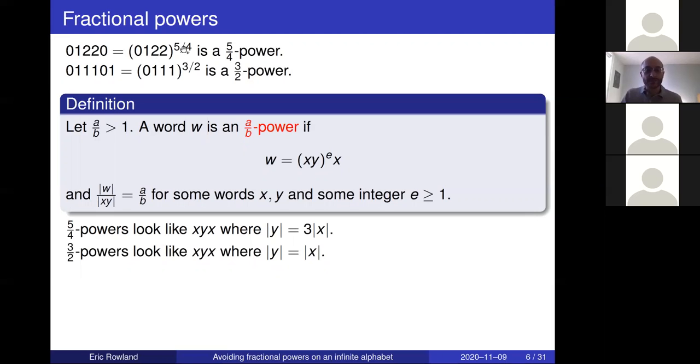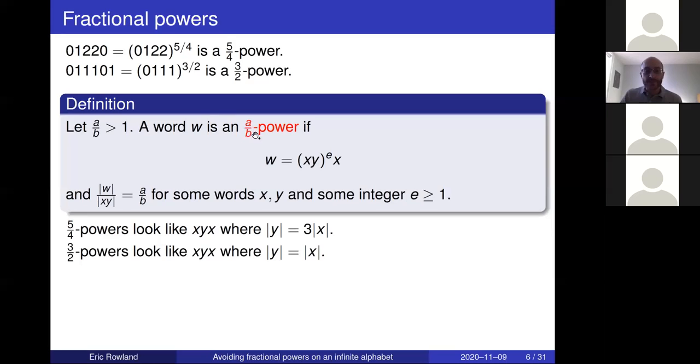So that's the 1 plus a fourth, that's the 5/4. 0, 1, 1, 1, 0, 1 is a 3/2 power because it consists of the word 0, 1, 1, 1 followed by its first half. So here's the definition. We're going to want a over b to be greater than 1. And the idea is that fractional powers are sort of partial repetitions. A 3/2 power is sort of halfway between a first power and a square.